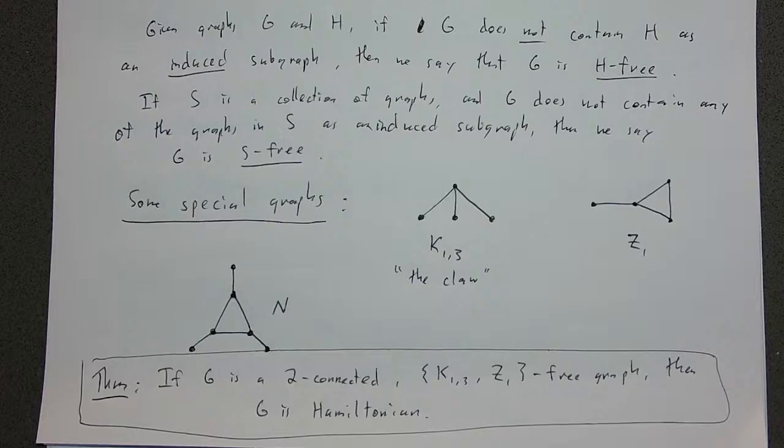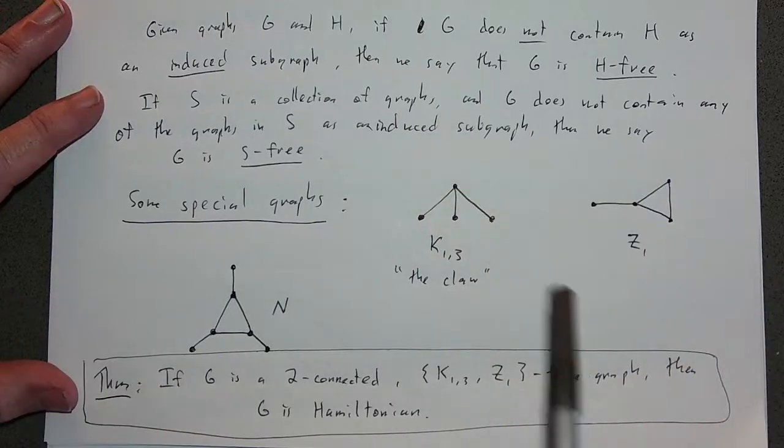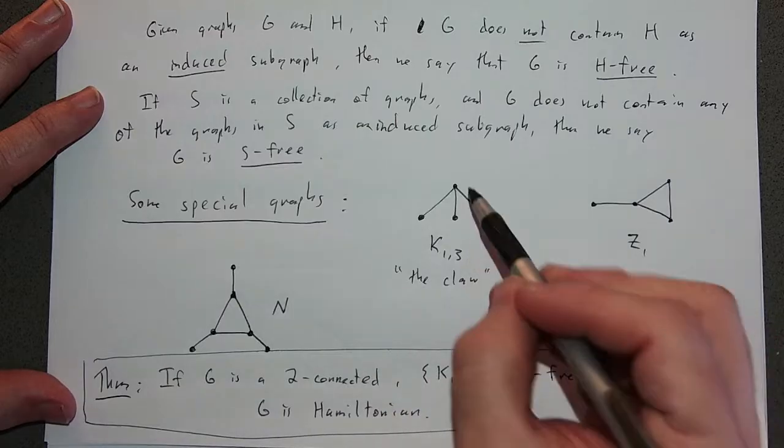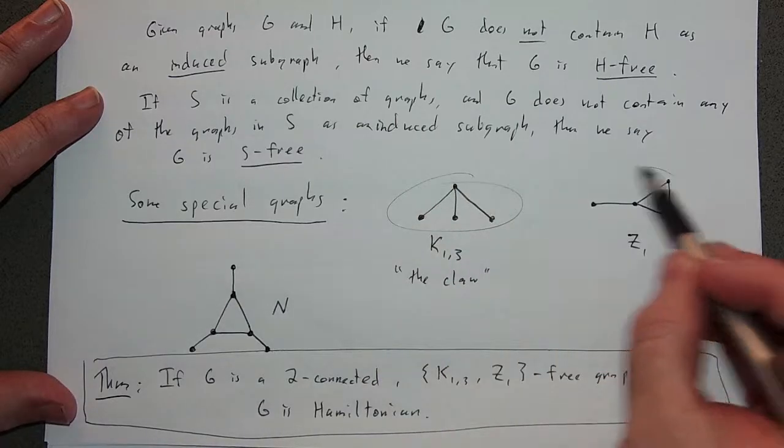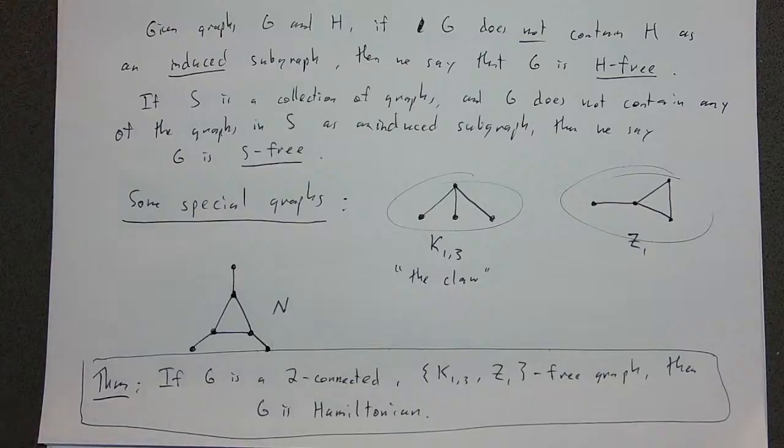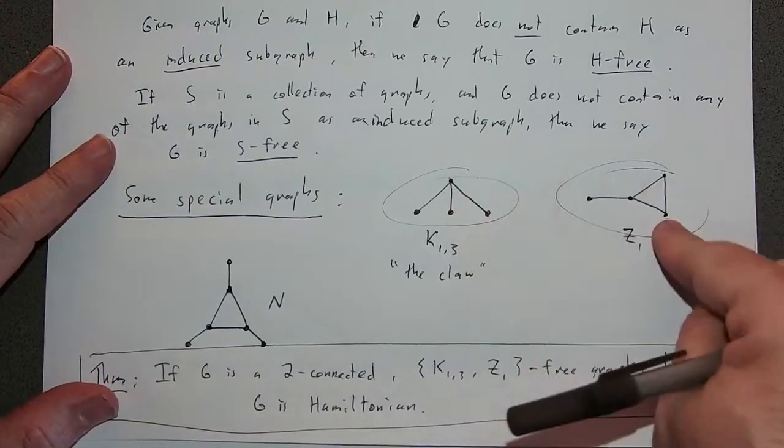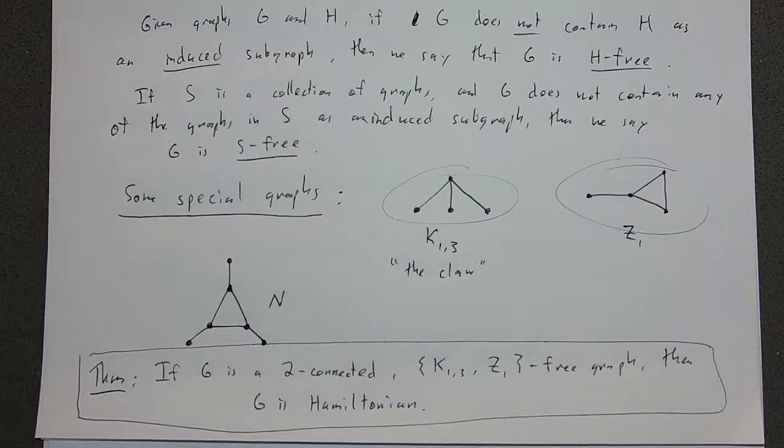First, we say it's two-connected, but the Hamiltonicity comes from us saying that G doesn't contain this graph nor this graph as an induced subgraph. You see now why this is called a forbidden subgraph result, because we get some property of G, in this case Hamiltonicity, from forbidding these graphs to show up as induced subgraphs of G. Okay.